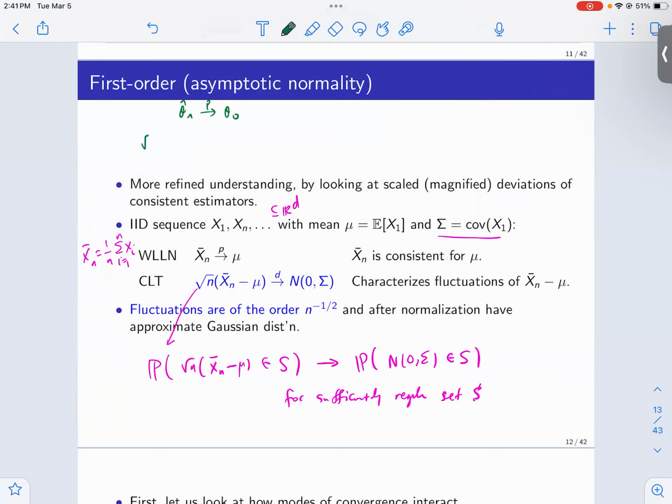Then maybe I can rescale this by a proper scale, which happens to be the case most often, and then it converges in distribution to something, which is often normal. Otherwise, I would like to have some sequence of numbers which, multiplied by this, converges in distribution to some stable distribution. That's the goal.